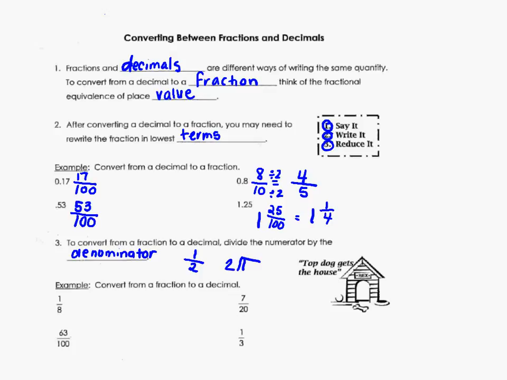Okay, it says convert from a fraction to a decimal. And the first example they give us is 1/8. So I have to say top dog goes in the house. Trying to figure out why I'm writing crooked.